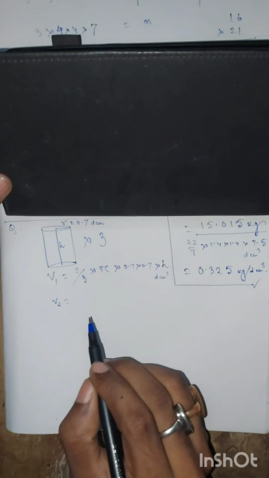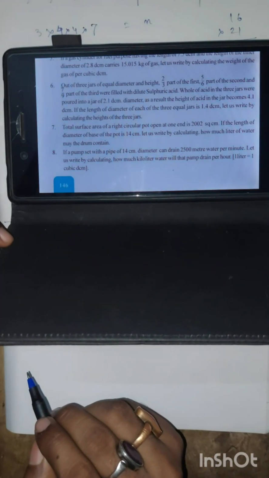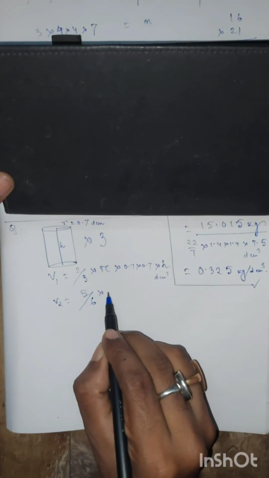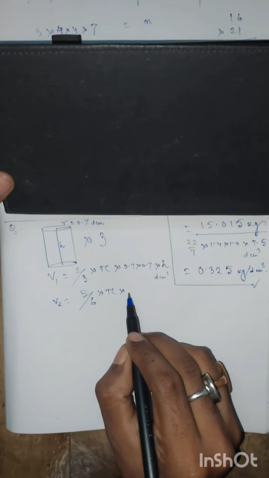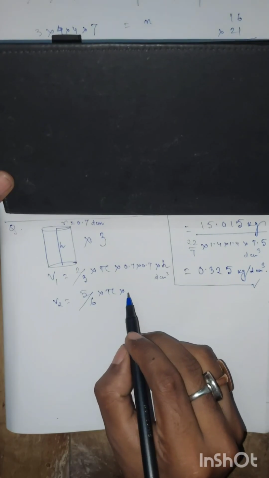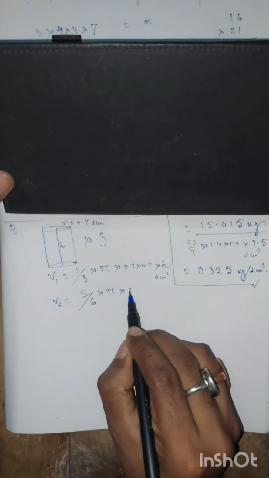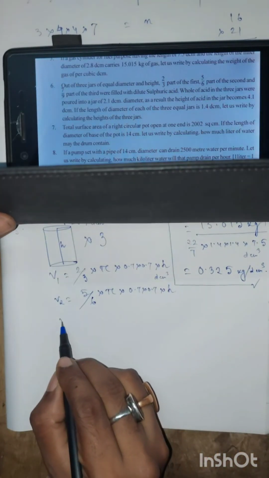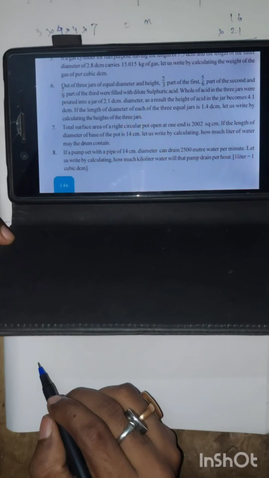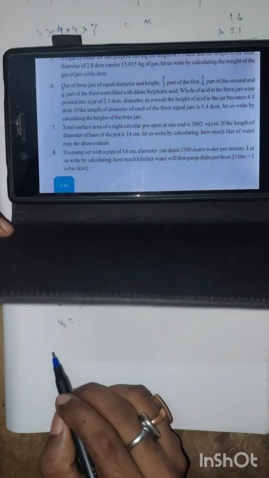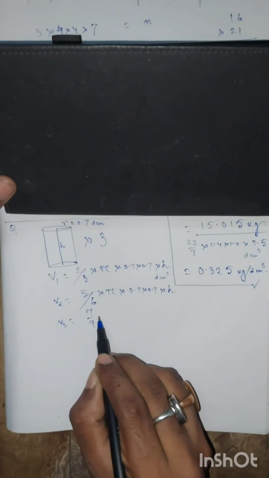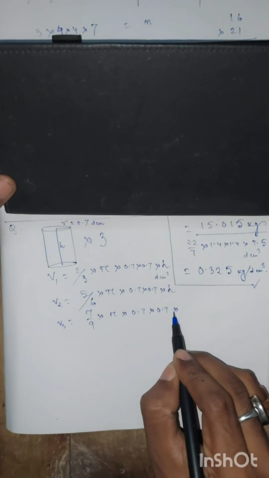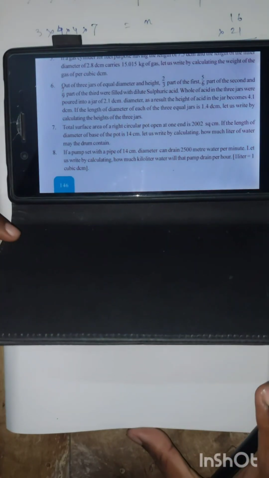Volume of acid in second jar, which is 5/6 part. And V3 is equal to 7/9 part. So these are 3 volumes.